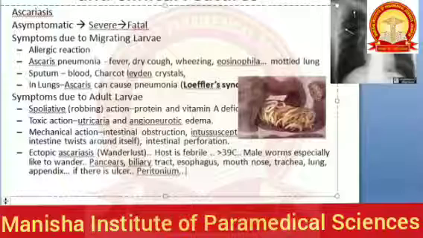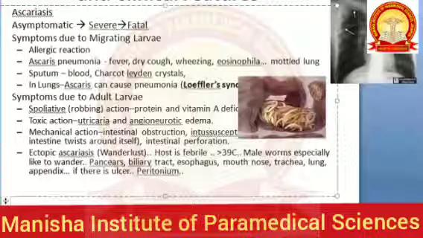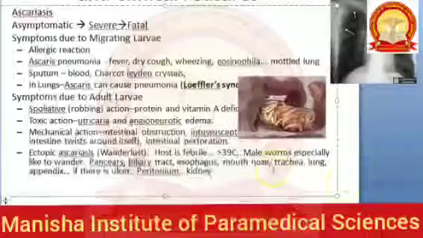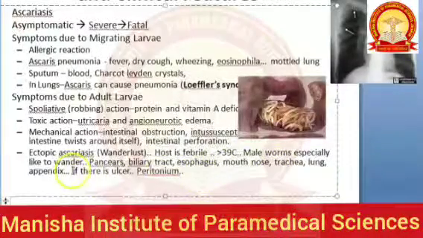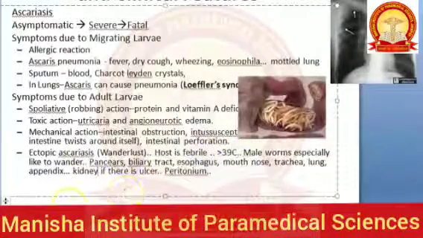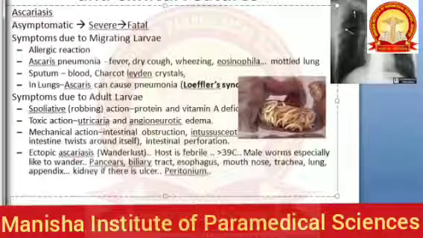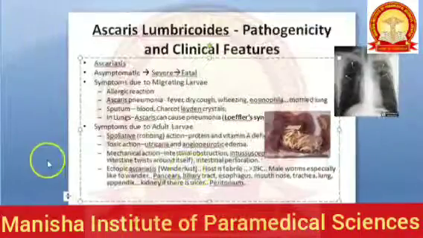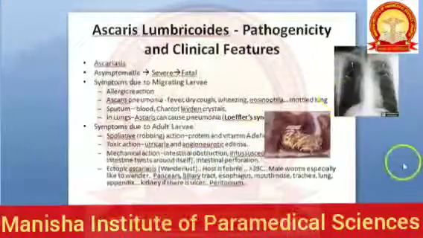This tendency makes preoperative deworming necessary before any gastrointestinal surgery in endemic areas. The wandering worm may also reach the kidney. So deworming is very important before doing any gastrointestinal surgery. That is all about this horror story of the pathogenicity of Ascaris lumbricoides.